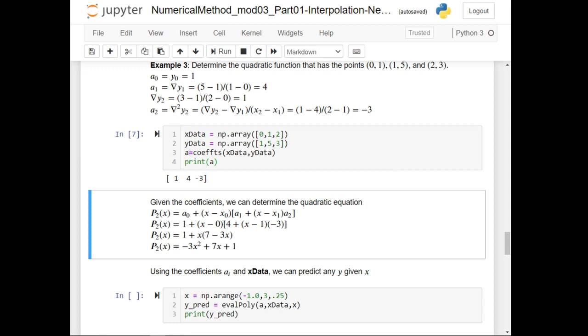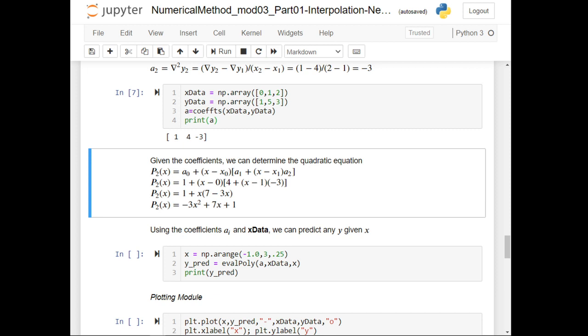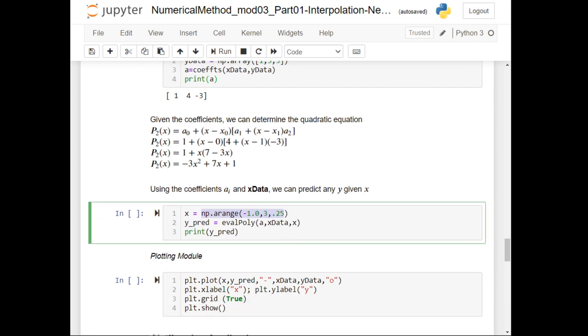Now our goal for interpolation is to predict. Using the a coefficients and also the x data, we can predict y given any x. Our x here, as an example, goes from negative 1 to 3 with a step of 0.25.